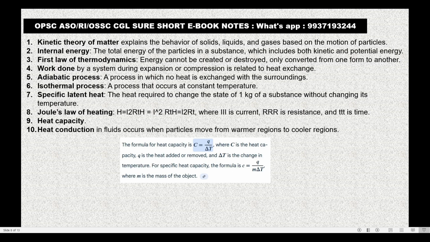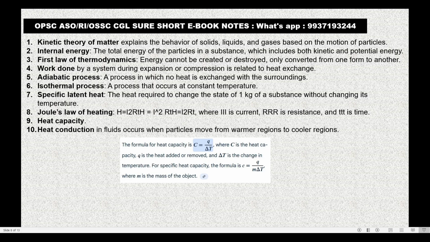Then heat capacity, the formula is C = Q/ΔT, where C is the heat capacity, Q is the heat added or removed, and ΔT is the change in temperature. For specific heat capacity, the formula is C = Q/mΔT, where m is the mass of the object.